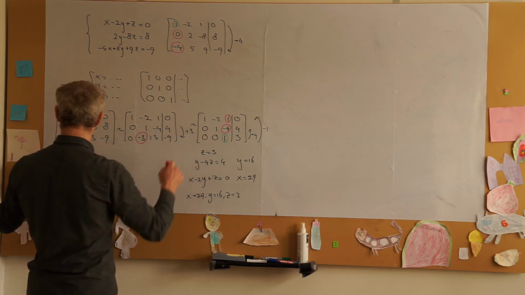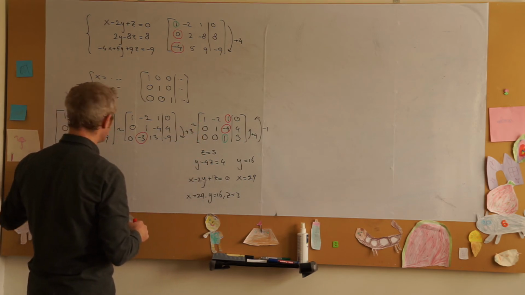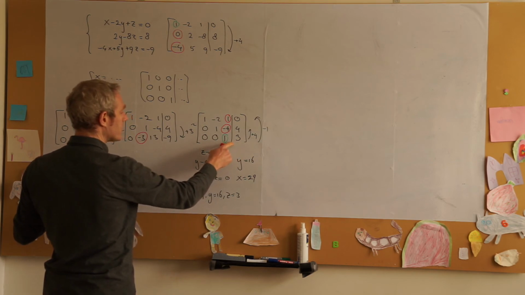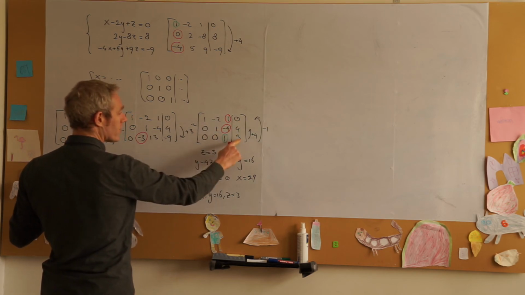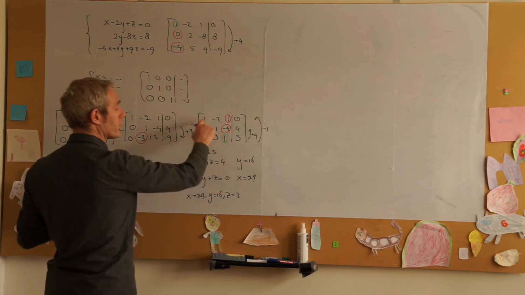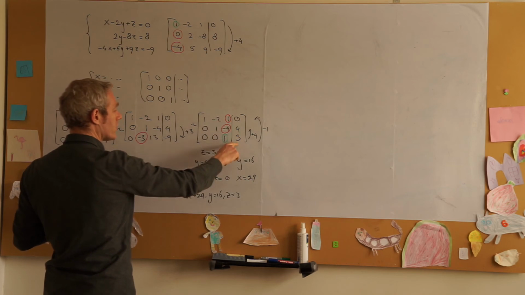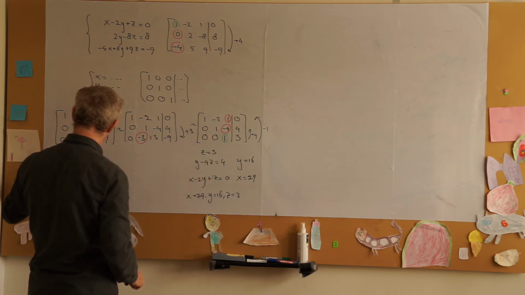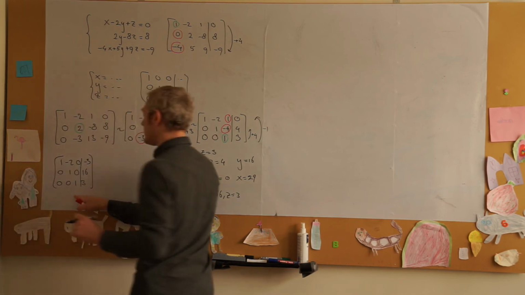And we get 1, minus 2, 0. And we subtract the third row from the first row, so adding minus 1 times the third row to the first, minus 3, and we get this step.